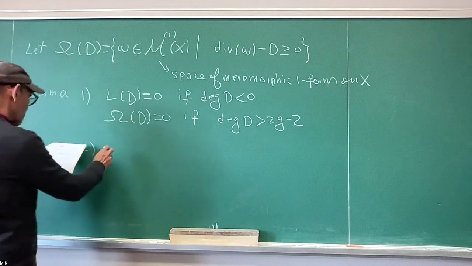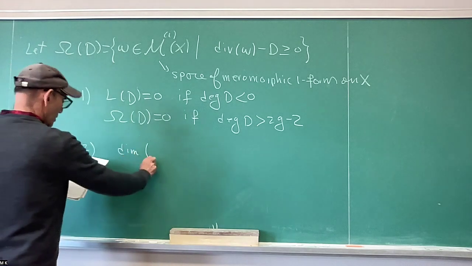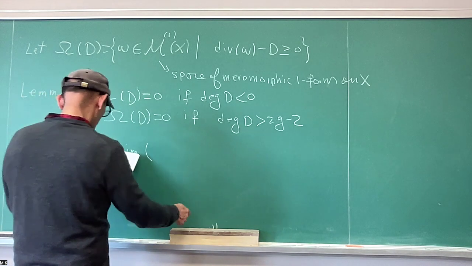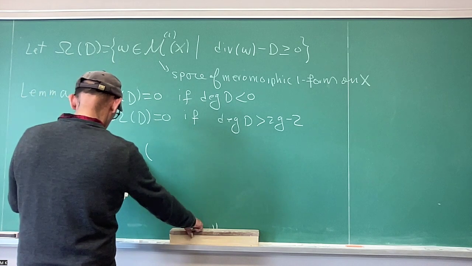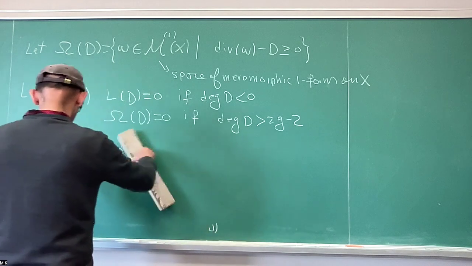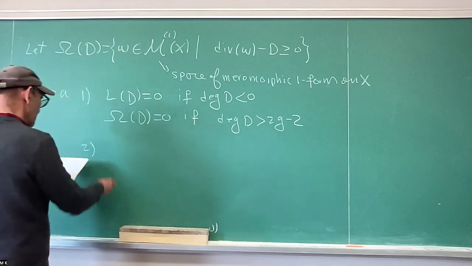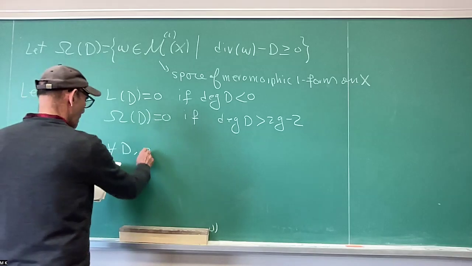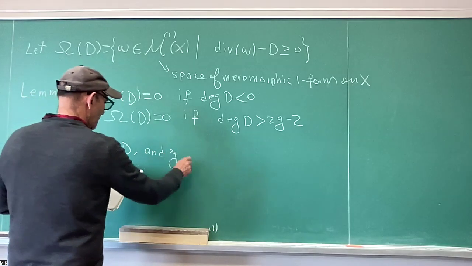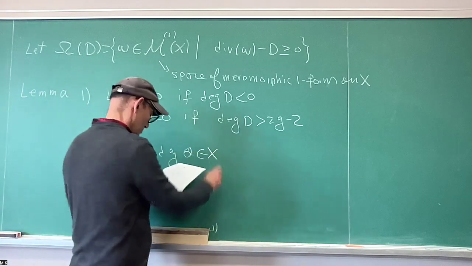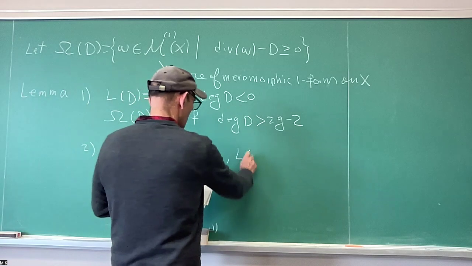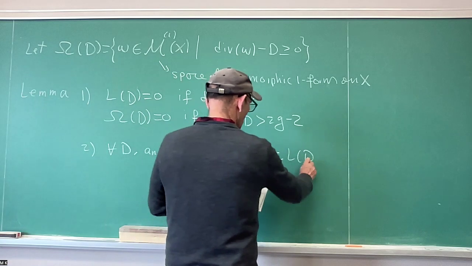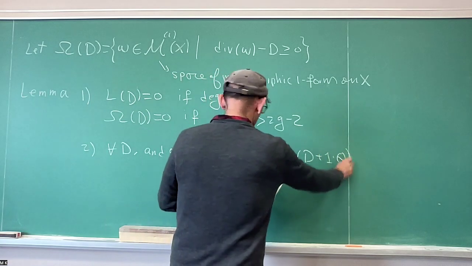Part 2 says that the dimension of the quotient space L of D plus Q. First of all, let me write it like this: for every D and any q belonging to X, L of D is inside L of D plus 1 times q.